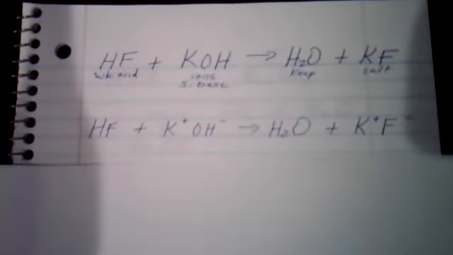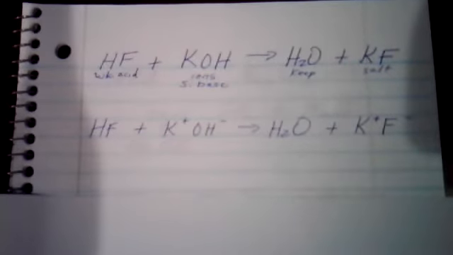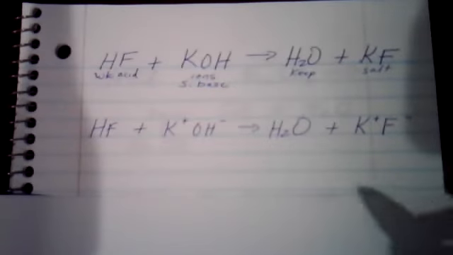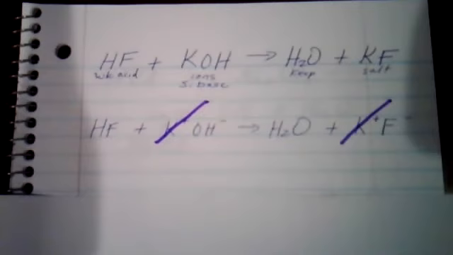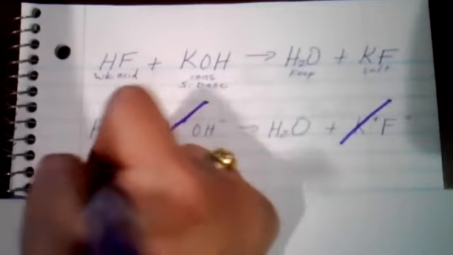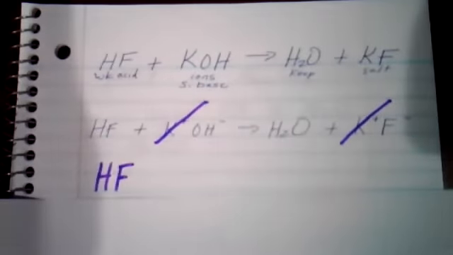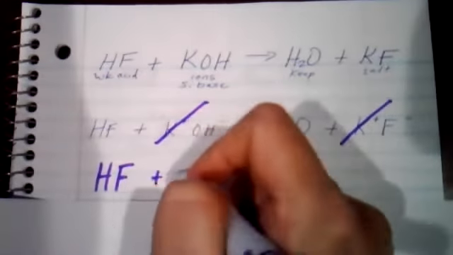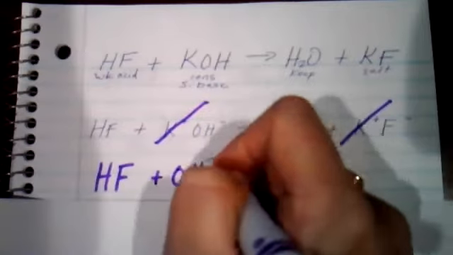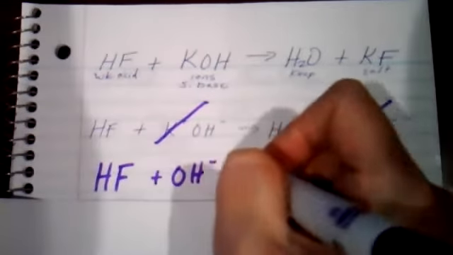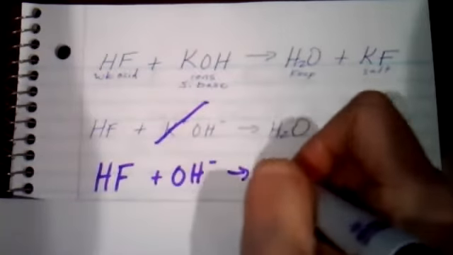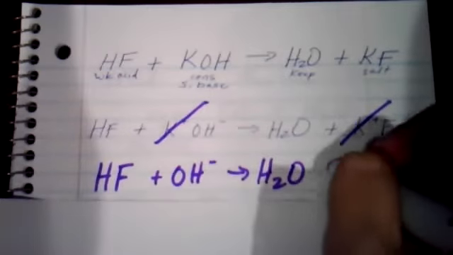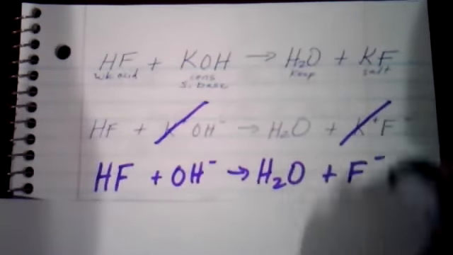Okay, so what we're going to do at this point is do what we did before. We're going to cross out what's repeated on both sides. All right, and so then you are left with HF, no ions on that, plus OH negative plus water, okay, plus F negative.